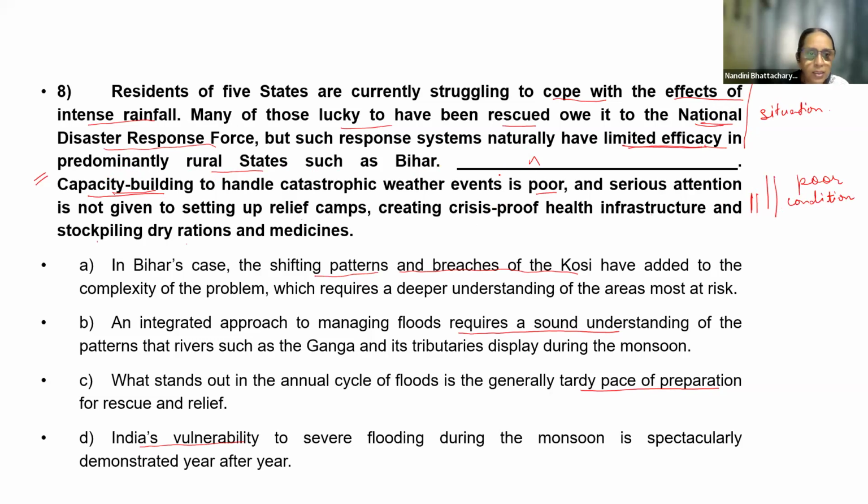So we first read the question, read the options and figure out what we can eliminate. A says, in Bihar's case, the shifting patterns and breaches of coast sea have added to the complexity of the problem, which requires a deeper understanding of the areas most at risk. He is talking about understanding of the areas at risk. Is it relevant? Does it connect the problem to the solution?